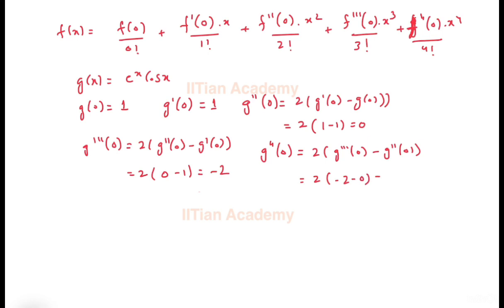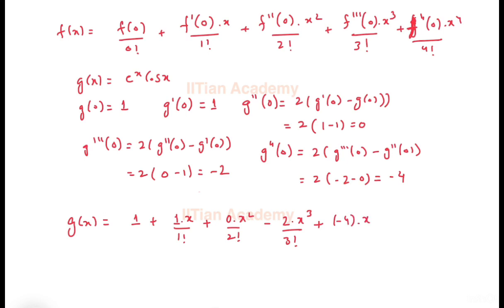So g(x) can be written as g of 0, which is 1, plus g dash 0, which is 1, into x by 1 factorial, plus g double dash 0, which is 0, x square by 2 factorial. Then g triple dash 0 is minus 2 into x cube by 3 factorial, plus g fourth derivative 0, which is minus 4 into x to the power 4 divided by 4 factorial.